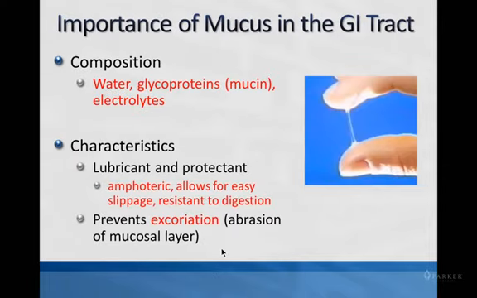Before we start with the oral cavity, I want to talk about one particular secretion, because this secretion is found throughout the GI tract. No matter where we are, this is a secretion.